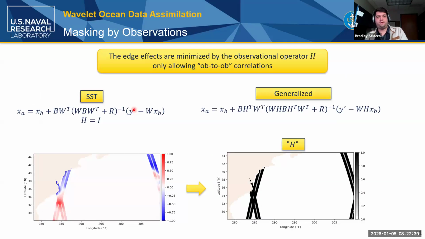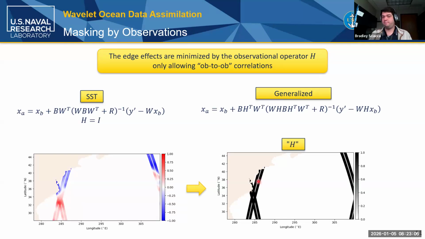And like I was mentioning before, for the SST case, our traditional observational operator was identity. It just didn't have to do anything. But now in the more generalized case, when you don't have observations everywhere in the open ocean, and you might have, for instance, these SWOT tracks, edge effects might be a problem. So we used the observation operator H here to essentially enforce ob-to-ob correlations.